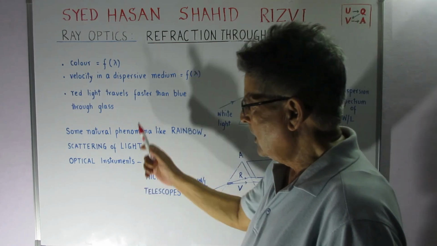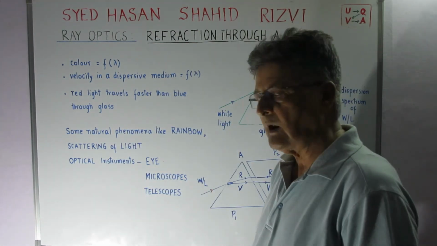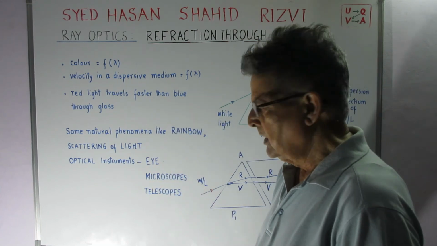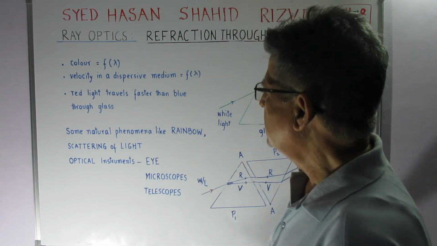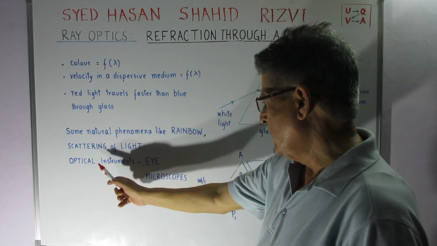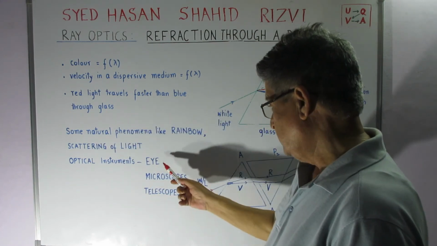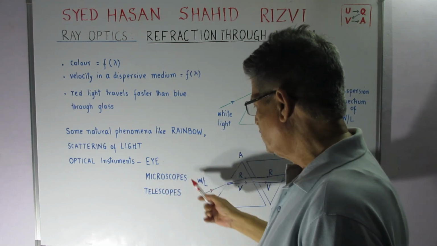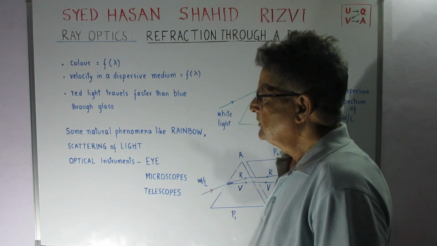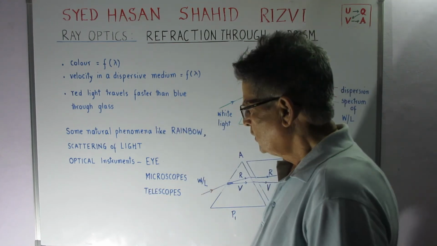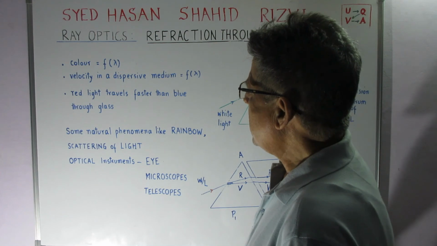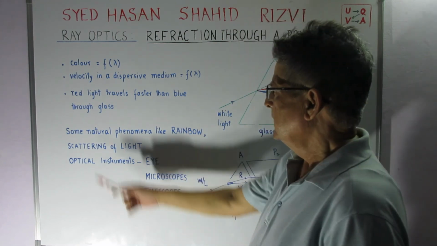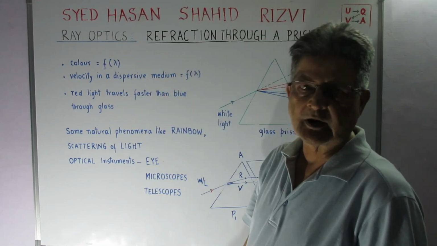Then we had to discuss some natural phenomena like the rainbow and the scattering of light during the day. Then we had to talk about the optical instruments, in which the important instrument is the eye, microscopes and telescopes, etc. But this I postpone to take up later on, and the next topic that I am going to talk to you about is wave optics instead of ray optics.